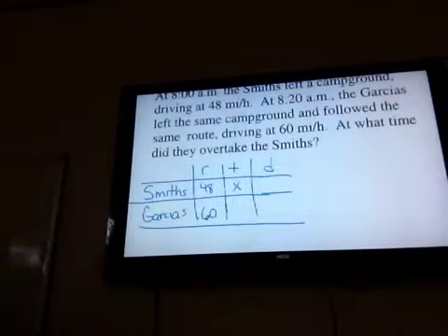If you're leaving later, later is less, and less is subtraction. So they're going to be traveling 1/3 of an hour less time. So their travel time is X minus 1/3. Later time, less time.